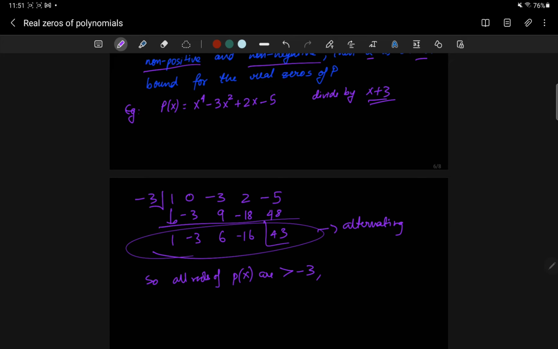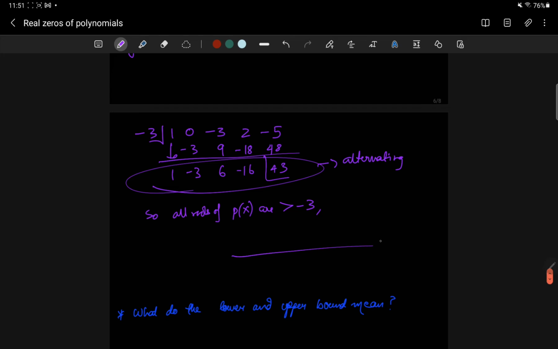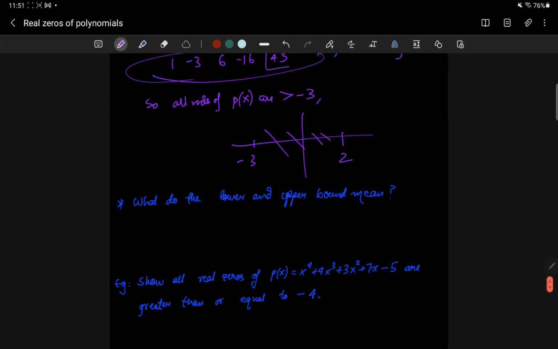So lower bound basically means there is nothing lower than it. So this tells me that the graph of this function between -3 and 2 is where all the crossing happens. Beyond that, there is no crossing. Okay, so what do the lower and upper bound mean? Lower bound means there is nothing less than it, and upper bound means there is nothing more than it.